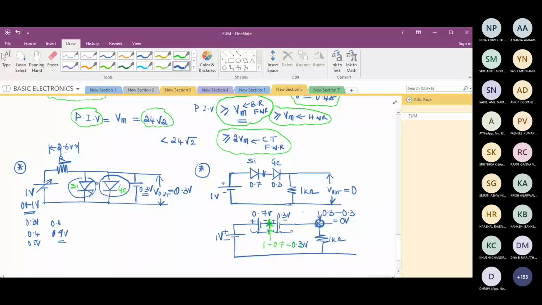Once it conducts, what is the potential I'm going to get? 0.3 across the diode. I can just take out this diode and replace it by its constant voltage model, 0.3. Agreed? Yes, sir.